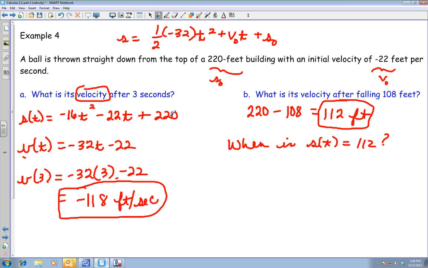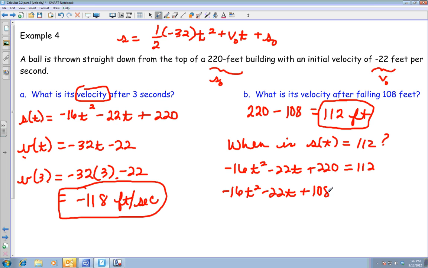So I'm going to take this equation and set it equal to 112: negative 16t squared minus 22t plus 220 equals 112. I need to set this equal to 0, so I'm going to subtract my 112. Negative 16t squared minus 22t, and now I get 108.